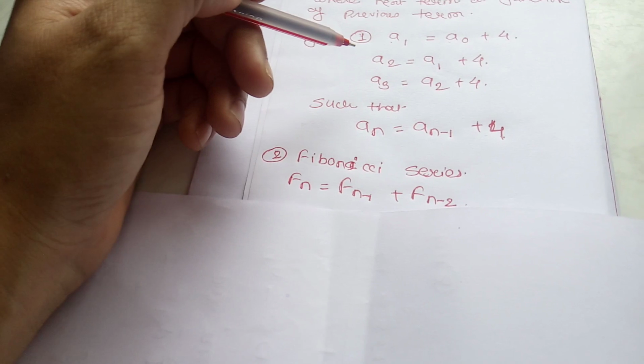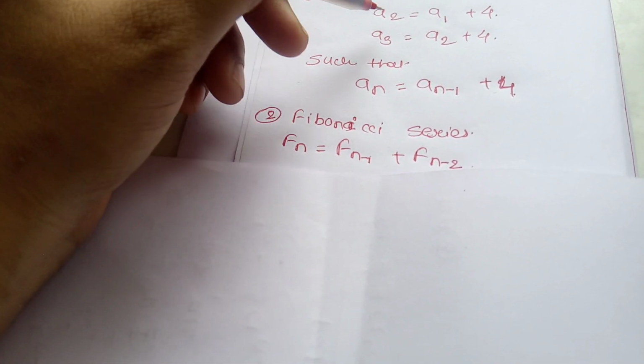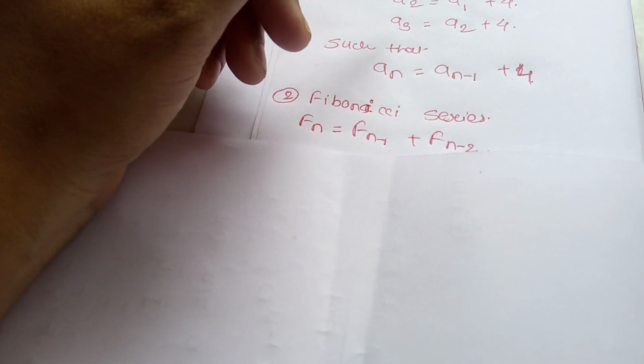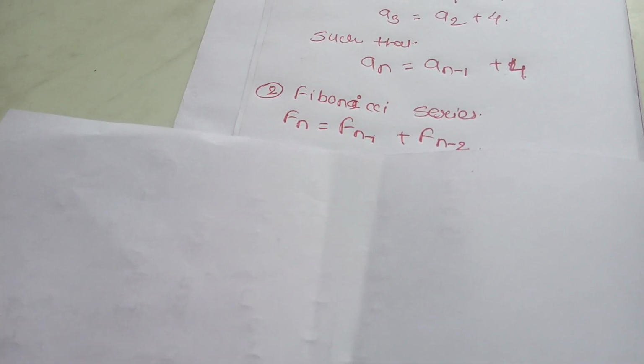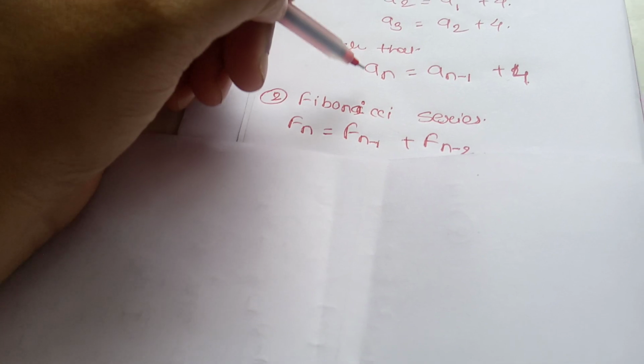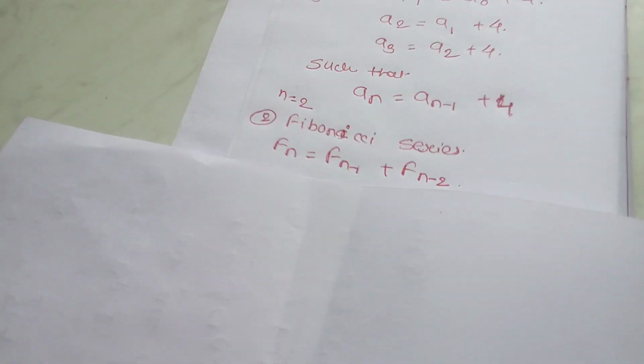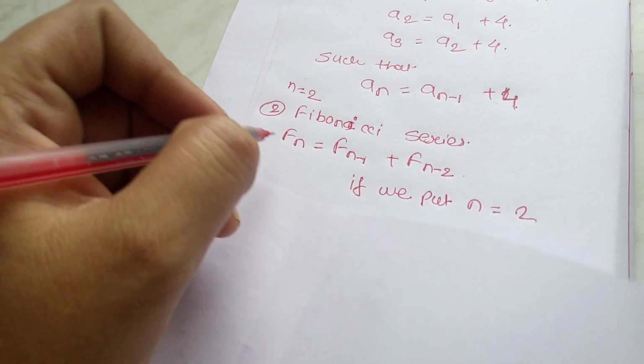That means if I want to take an example like this, if I want to find the output of a2, what can be the generating function, or we can say what can be the recurrence relation for a2, I can write it as an, that means n is equal to what here? 2. n is equal to 2.